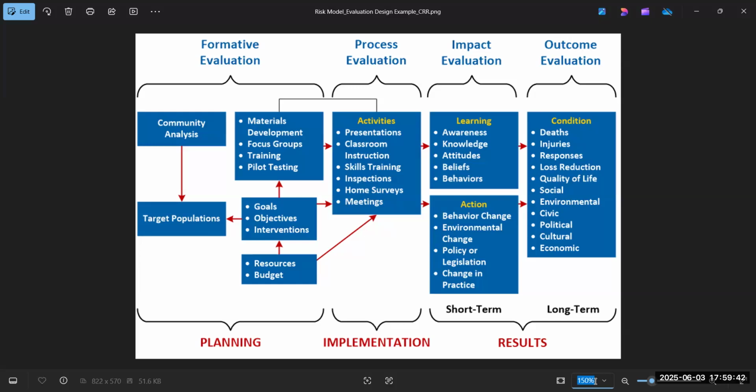You can also be seeking things broader in terms of economic expenditures and other aspects such as health-related quality of life. This also involves a component of long-term analysis used to measure results, and it may take many years to see reductions in this scope. So think of your outcome evaluation as long-term and your impact evaluation as short-term.